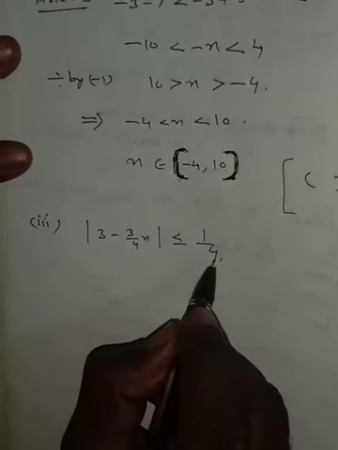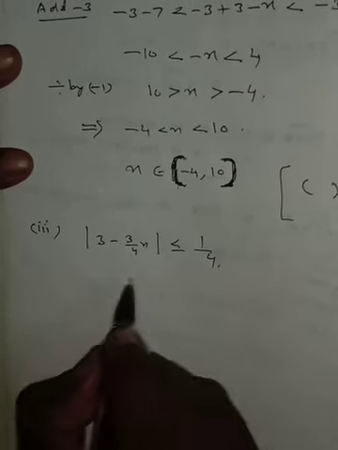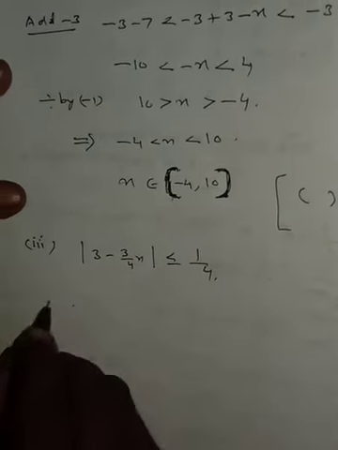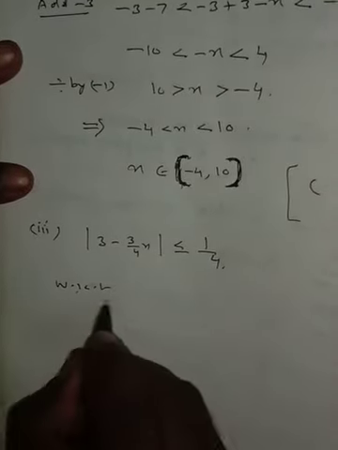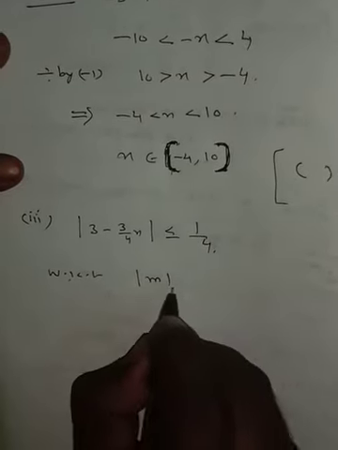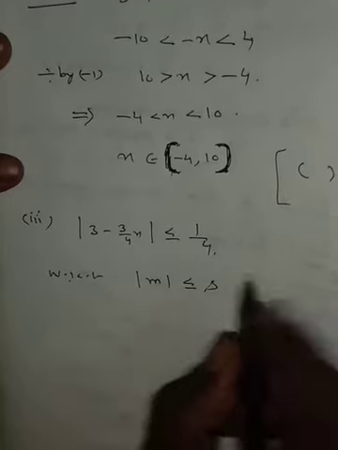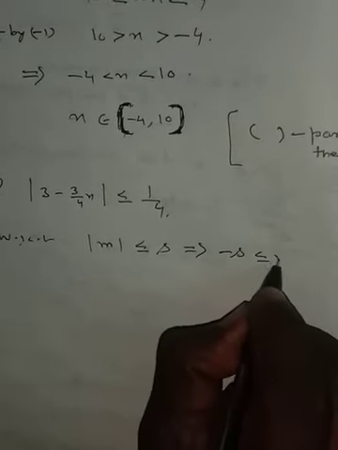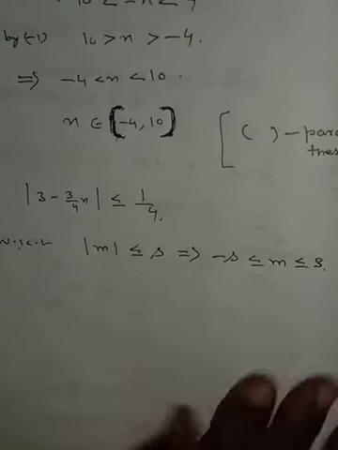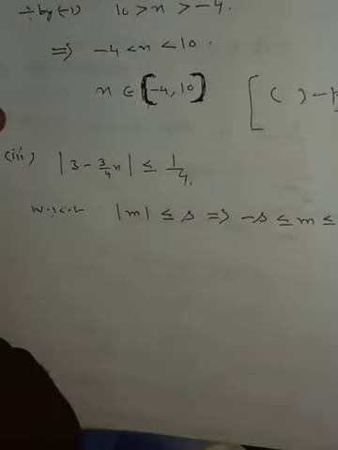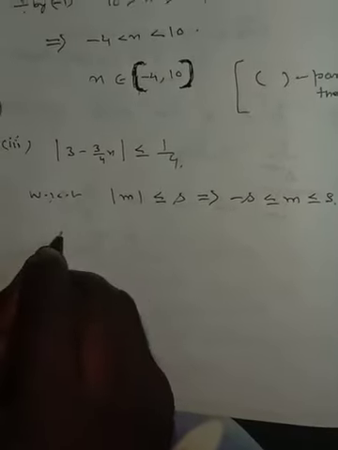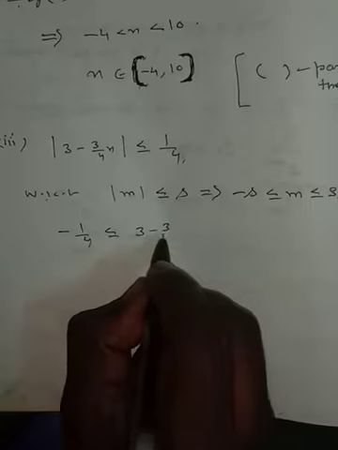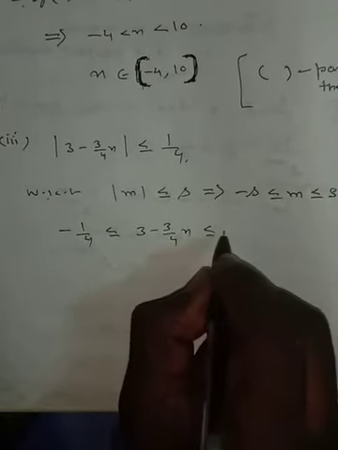Then using the formula, we know that m less than or equal to s implies minus s less than or equal to m less than or equal to s. Okay, using the inequality, minus 1 by 4 less than or equal to 3 minus 3 by 4x less than or equal to positive 1 by 4.